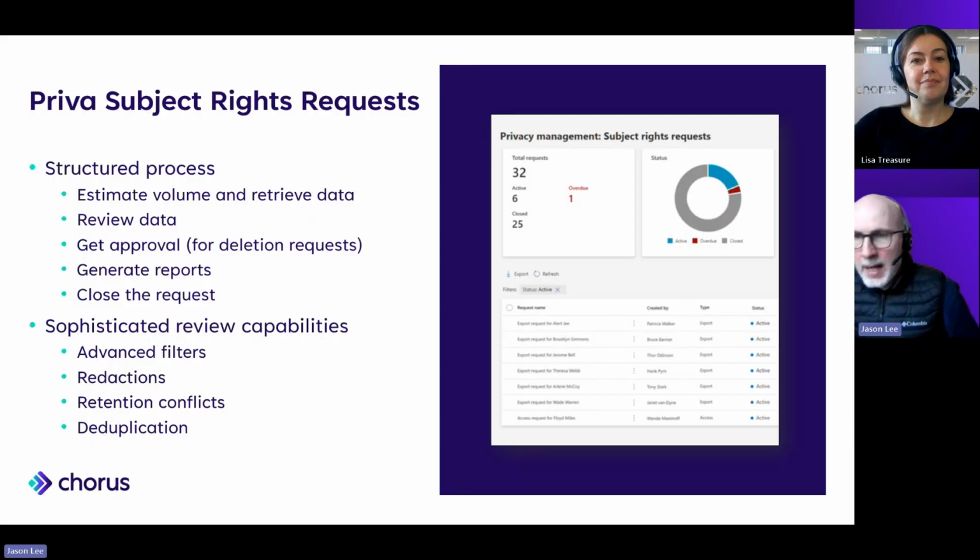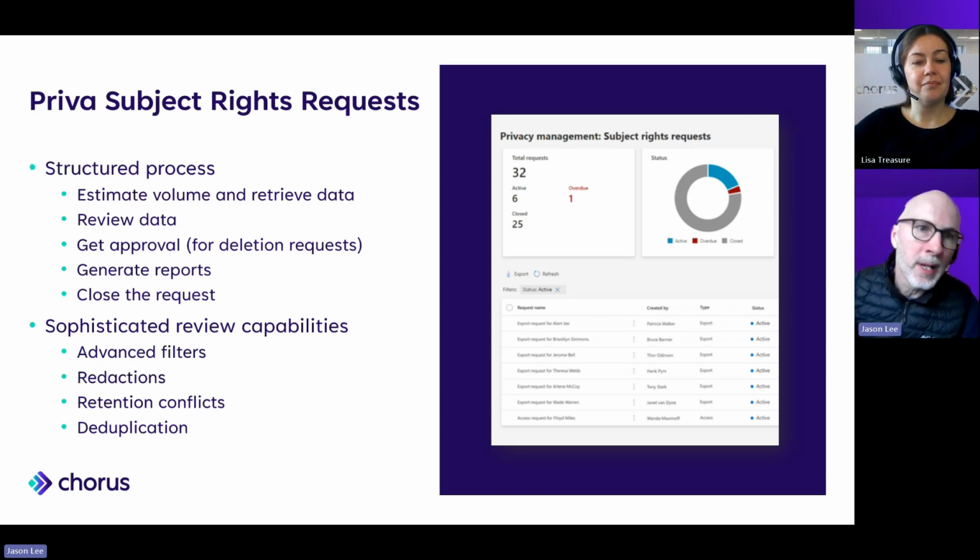So we've covered eDiscovery briefly already. If we look at subject rights requests, this gives us a really structured process for working through when you receive a subject access request, a subject rights request, a data subject request, or whatever you call them. It takes you through a process where you can estimate the volume of data that's going to meet your query, gather all that data, work through a review process, get approval.